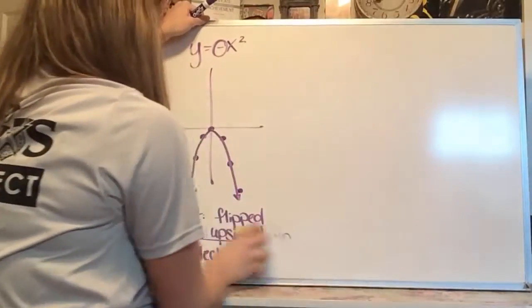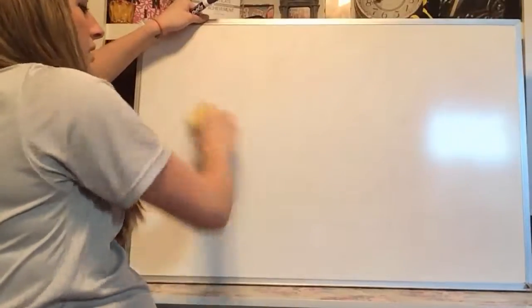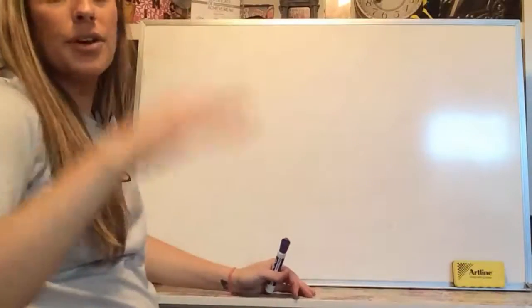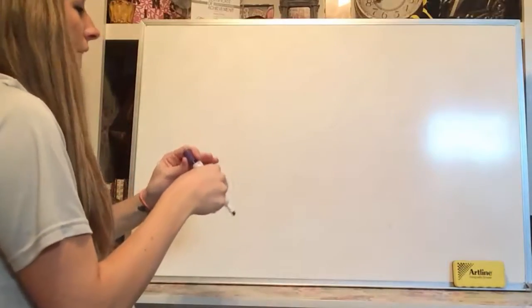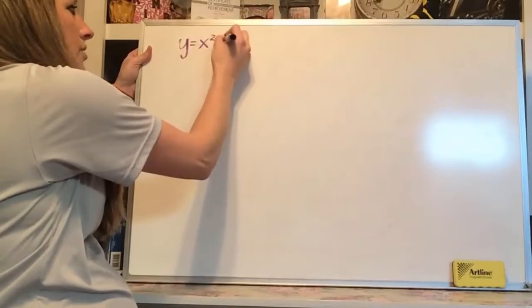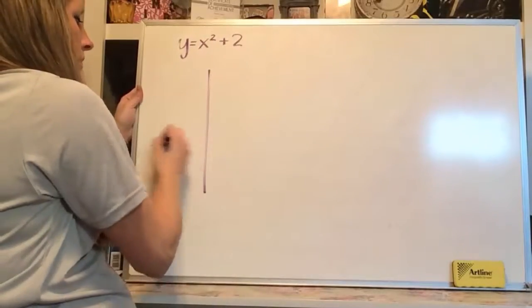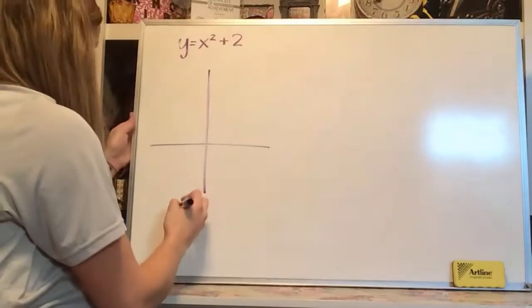Plus 2. Okay, if it's outside, it's going to move it up or down. So, and it does exactly what you think. So if I have y equals x squared plus 2, my parabola is going to move up 2.